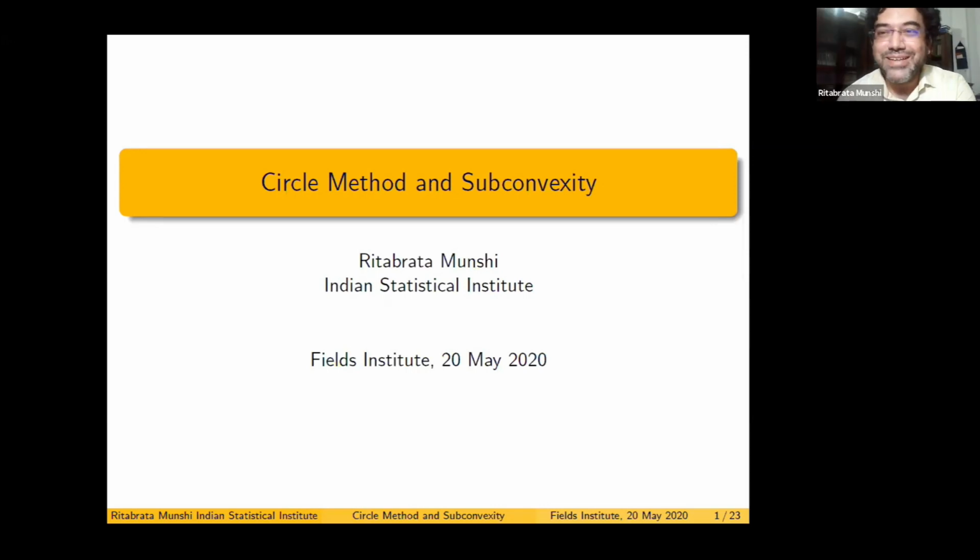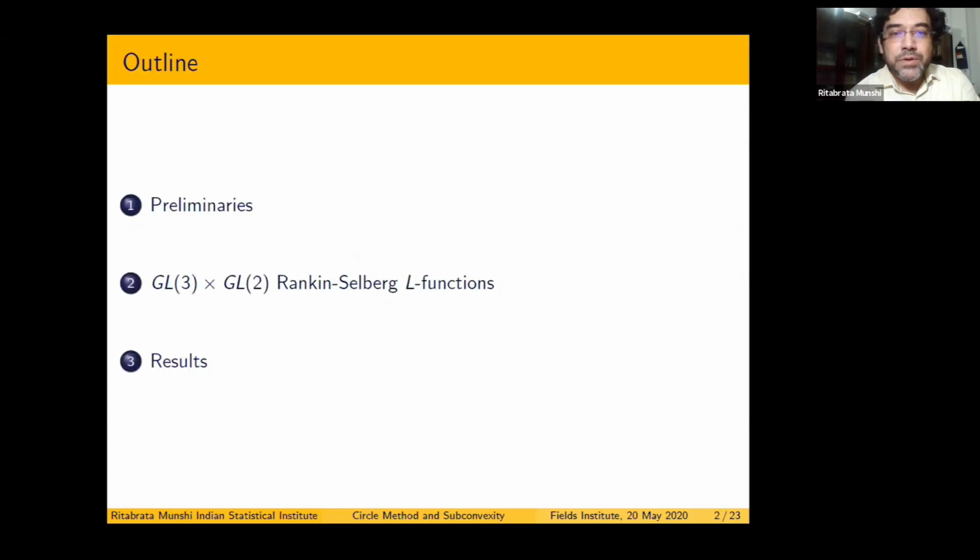Okay, thank you. Let me begin by thanking Kumar for his kind invitation and the Fields Institute for hosting this seminar series online. So I'm going to talk about the circle method and the application of the circle method to get subconvex bounds for certain L-functions. In the first few slides, I'm going to run through some preliminaries about automorphic forms on GL2 and GL3.